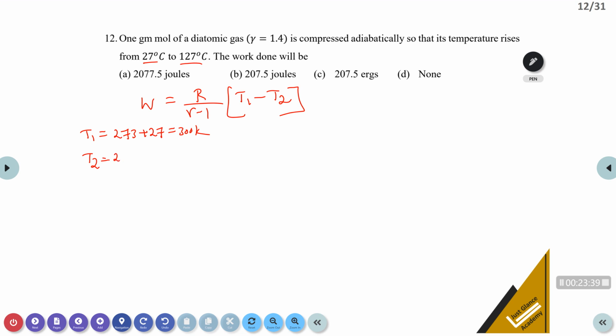T2 equals 273 plus 127, equal to 400 Kelvin. And gamma equals 1.4.